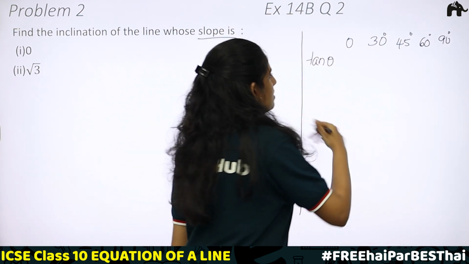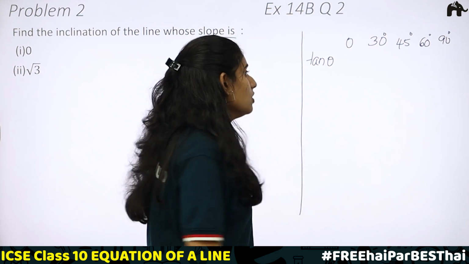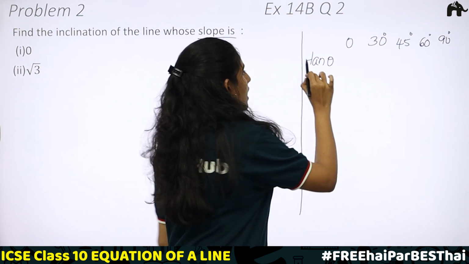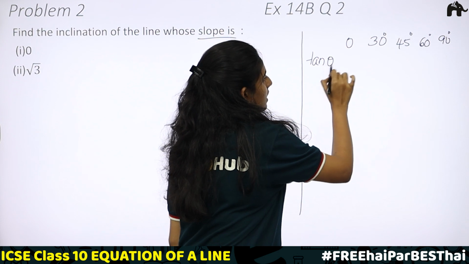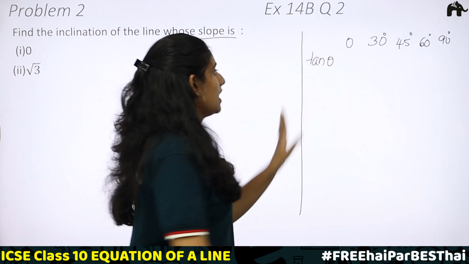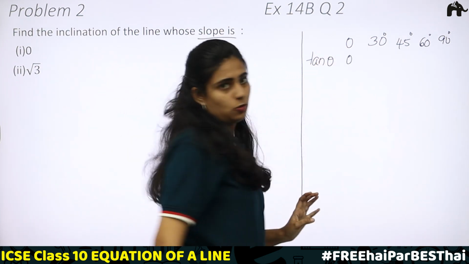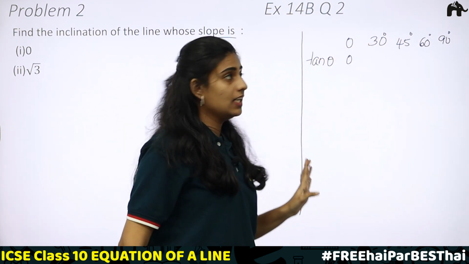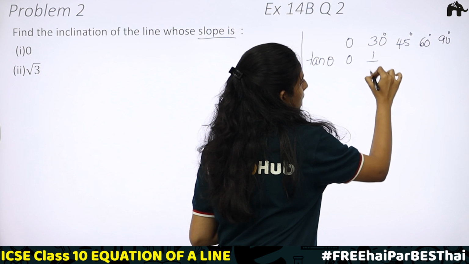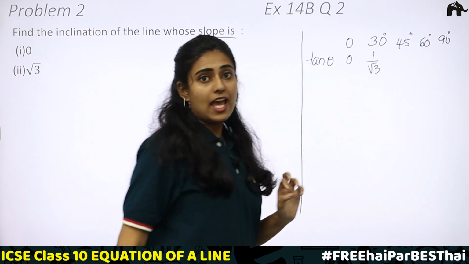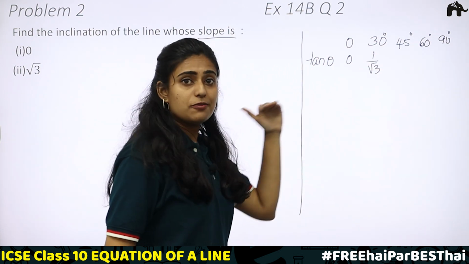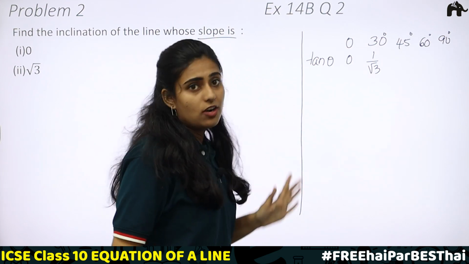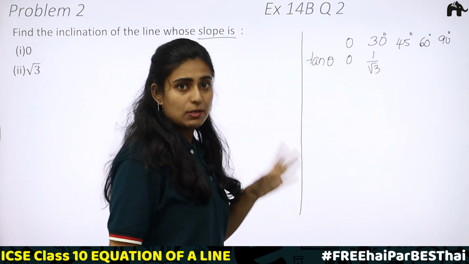If you have the trigonometry table, you can easily find these values. Now tan theta, if theta is equal to 0 degree, then tan 0 will be equal to 0. If theta is 30 degree, then the value is 1 by root 3. Tan 45 will be sin 45 by cos 45. Sin 45 is equal to 1 by root 2.